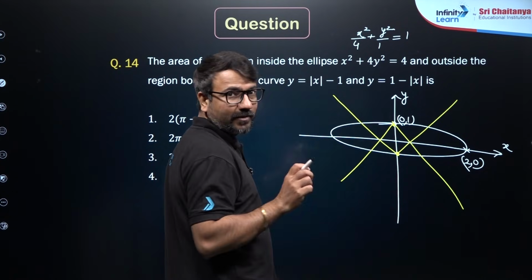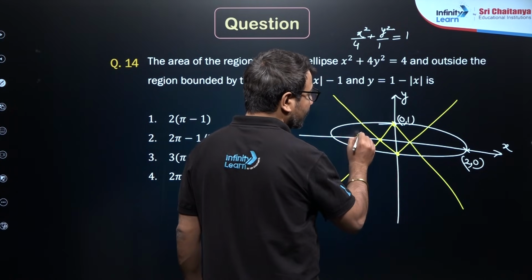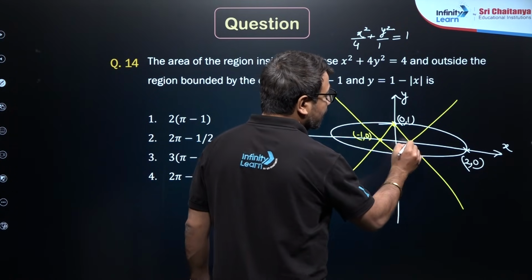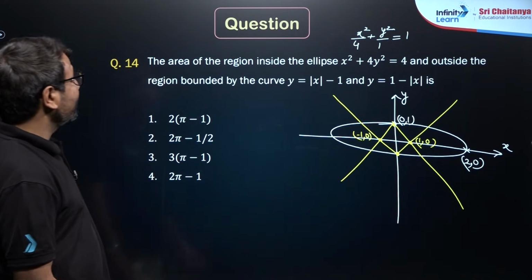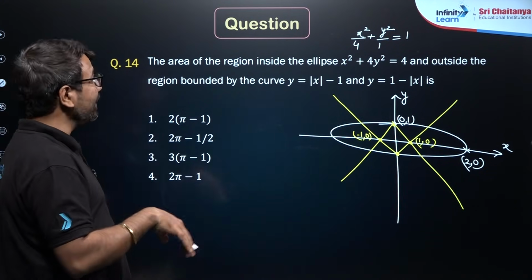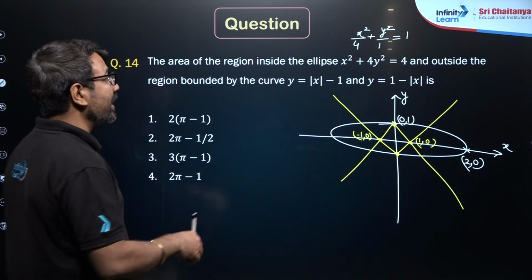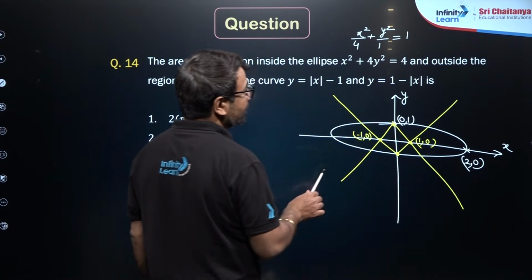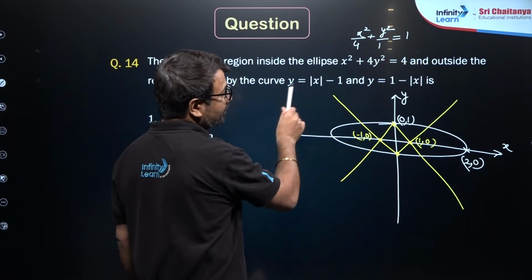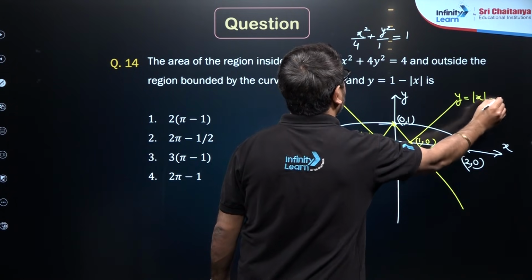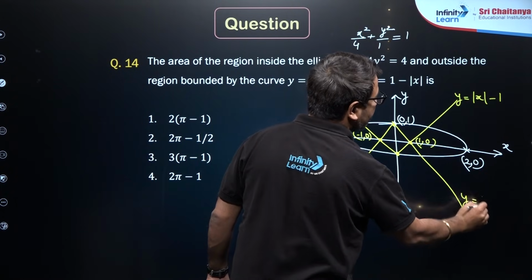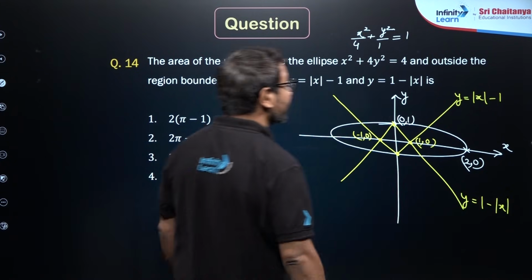A diamond type of structure is being obtained. Here is the coordinate minus 1, 0 and here is the coordinate 1, 0. What they have said is the area of the region inside the ellipse, outside this region. And there are two equations we have observed. One is, if you substitute x value, y value will be negative 1. So this one is y equals mod x minus 1 and this one is y equals 1 minus mod x.